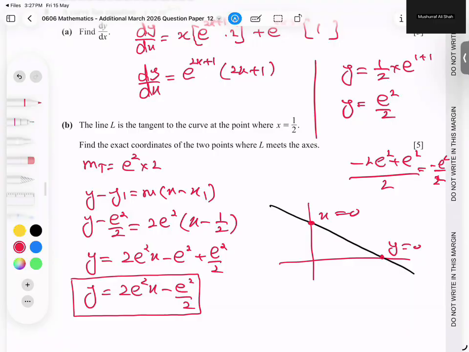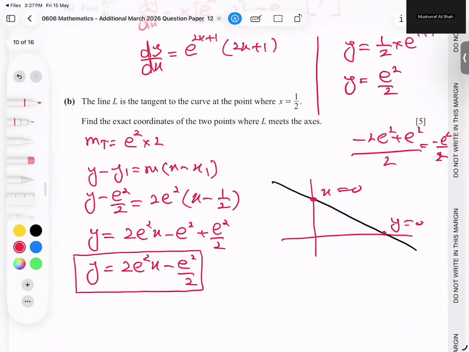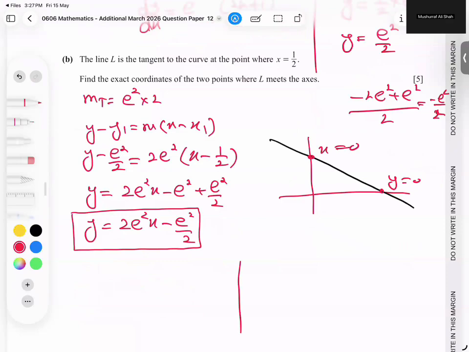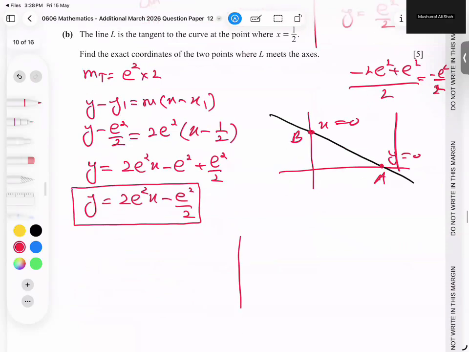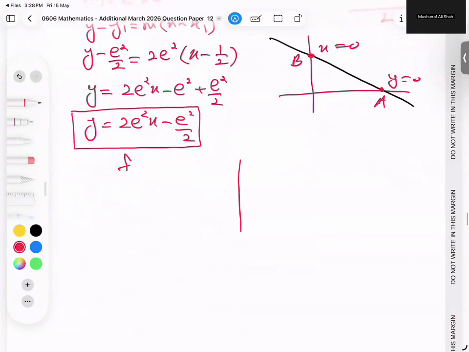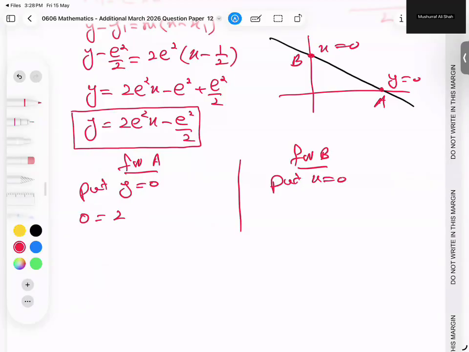Okay, so let's have a look now. For the coordinates, for the sake of understanding, I'm writing here for a and for b. I'm putting here y equals 0 and I'm putting here x equals 0. Put y equals 0: 2e square x minus e square over 2.